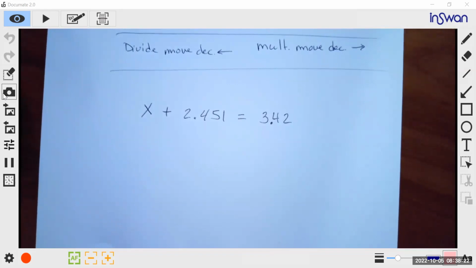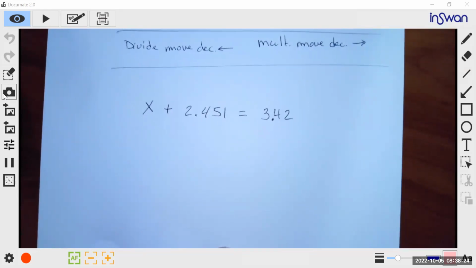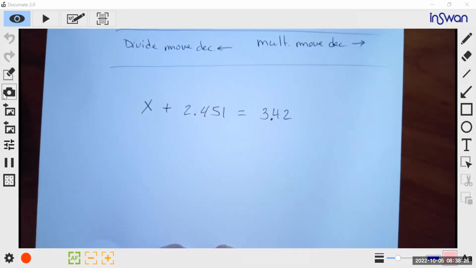We have decimals everywhere. x plus 2.451 equals 3.42. So how many zeros does your number have to get rid of the decimals?